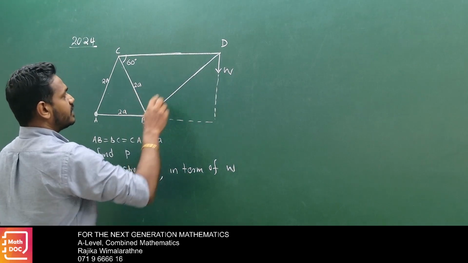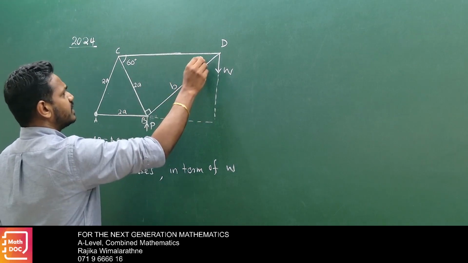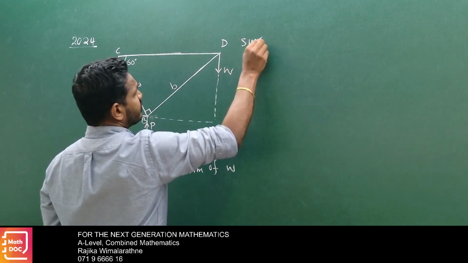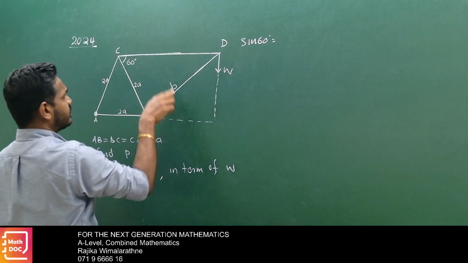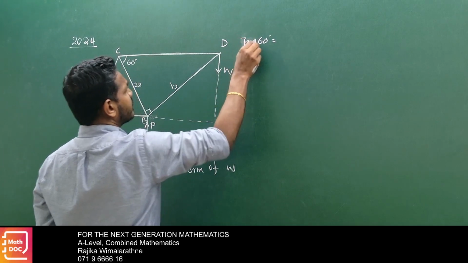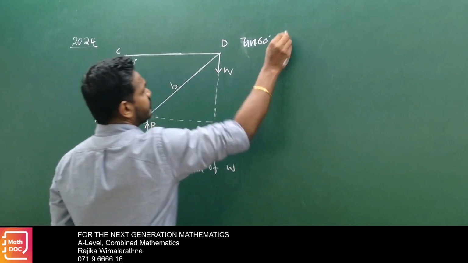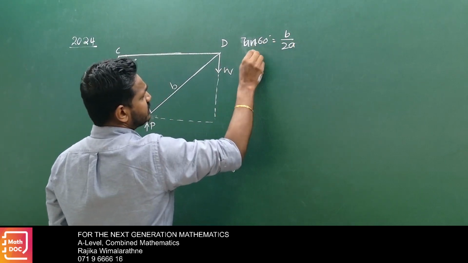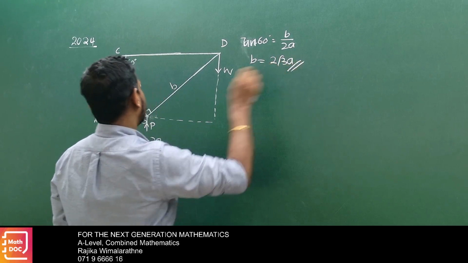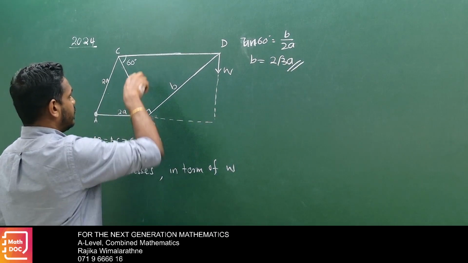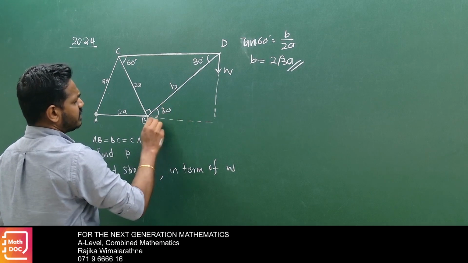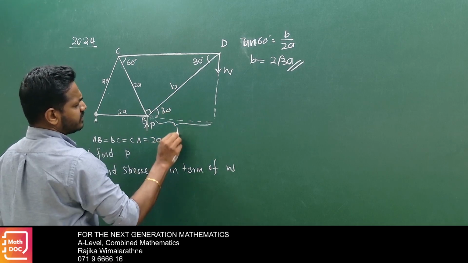Here 2A, take here B, here sin 60 equals B over 2A, that is tan 60 equals B over 2A. Tan 60 is root 3, then B equals 2 root 3 A. Here 30, and here this length is B cos 30.